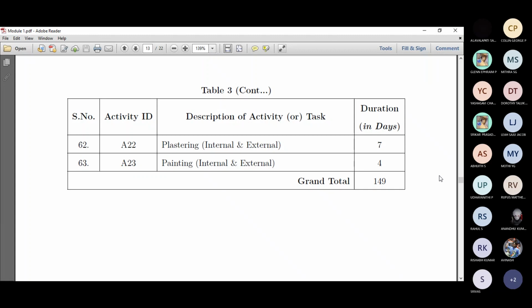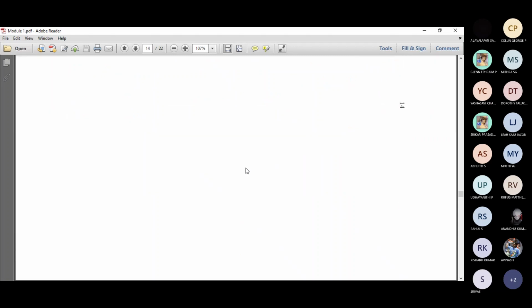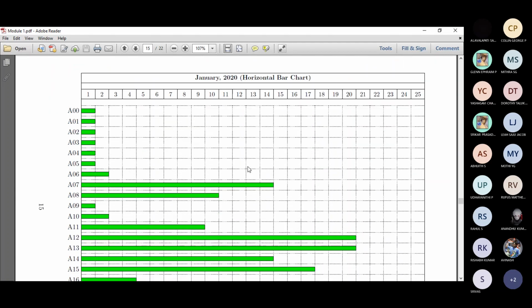Remember, project duration is a little different from the overall addition of durations, right? So we are not going to achieve this in 5 months' time. We may achieve it early or we may achieve it late, depending upon the sequencing of the overall activities, right?